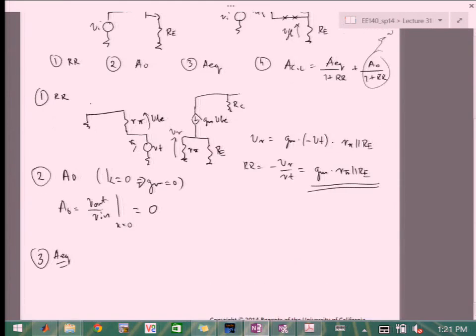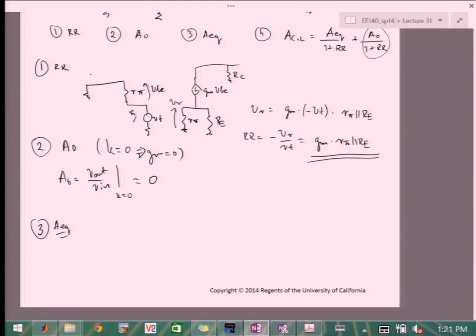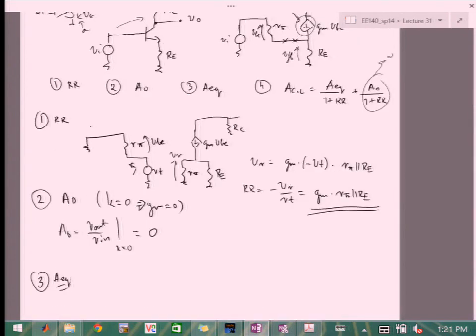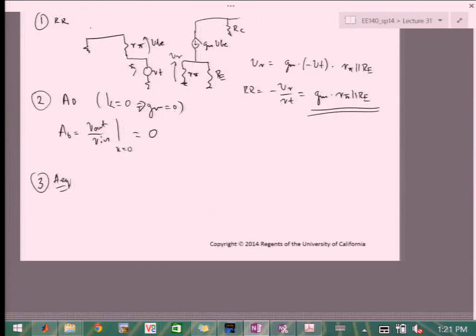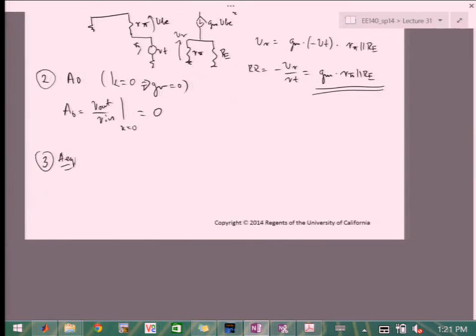And for the equivalent gain, we said we're going to calculate it from 3 terms. The first term would be input signal to the controlling signal. That means for output signal being 0. So we're going to draw the whole network. So we're going first through R pi.